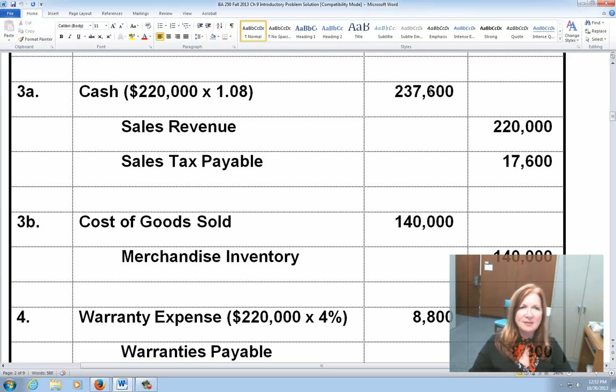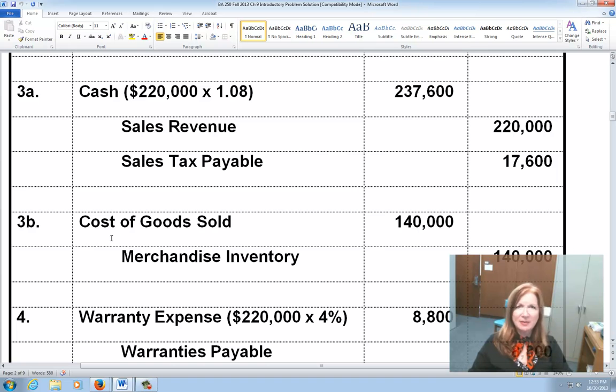So the sales tax here would be $17,600. So the cash is $237,600. Sales part of that is revenue, a credit going up of $220,000, and sales tax payable, a liability going up and increasing it with a credit.